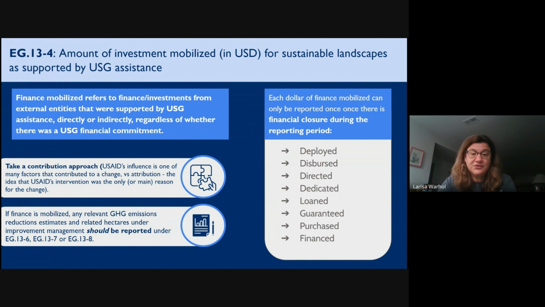When we say financial closure, we can be using any of these different verbs. But again, there's an entire MEL Climate Learning Series presentation about this topic. It's not necessarily specific to sustainable landscapes. It's across all the climate pillars, but I encourage you to take a look at that. That will provide more details, as well as our extended indicator handbook.